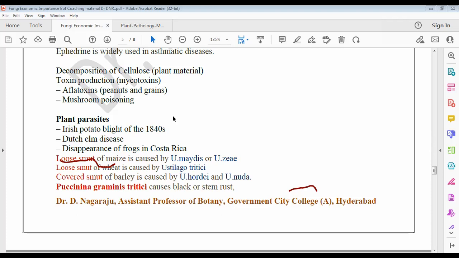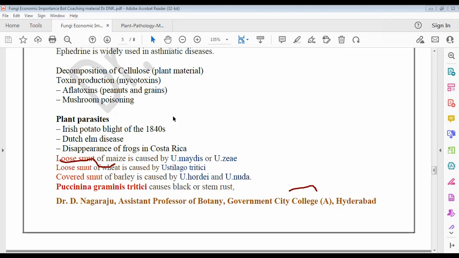Hemileia vastatrix fungi caused the coffee rust in Sri Lanka. Total coffee crops vanished in Sri Lanka. After that, they are not growing the coffee plant in Sri Lanka. They totally shifted from coffee to tea, because of a single fungi.